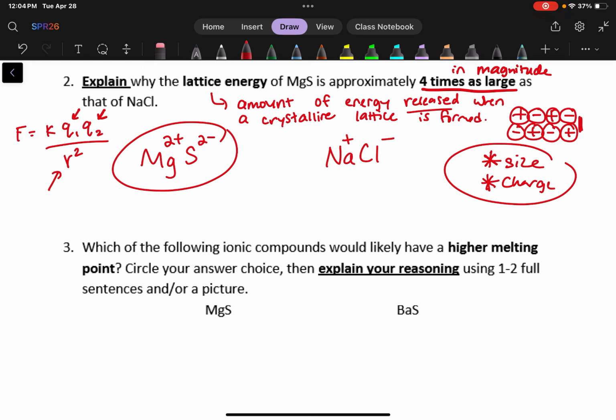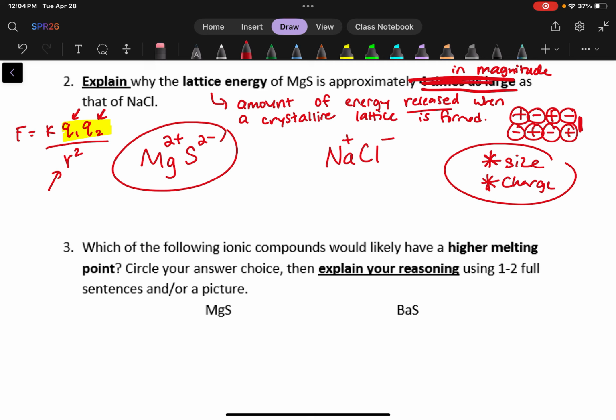If you increase the magnitude of the charges, that's going to result in a much higher number on the top than if they were a lower magnitude of charge. Because our sizes here are relatively similar, we can't really compare size-wise, but we can compare with charge.